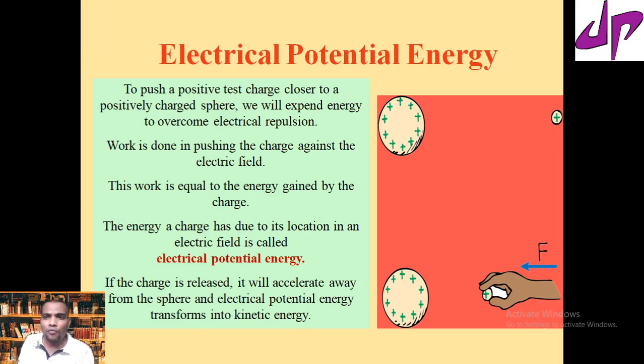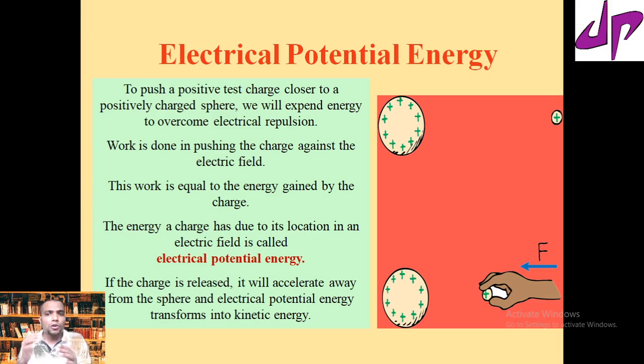Suppose I am forcefully holding the positive charged object and bringing it close to the source charge. What is my force direction? I am holding, I am bringing. It means I am doing work against the electrostatic force of the source charge. Now you can compare that mechanics work and here electrostatic work.